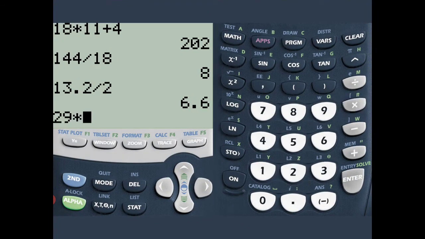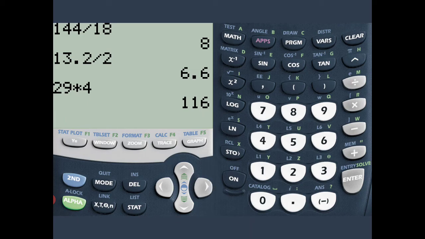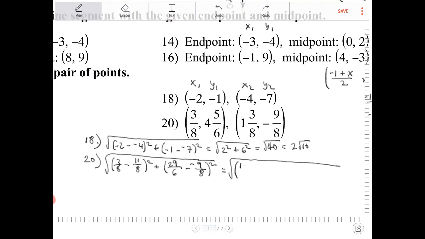So 29 times 4. 116. All over 24. And then plus 3 times 9 is 27 over 24.